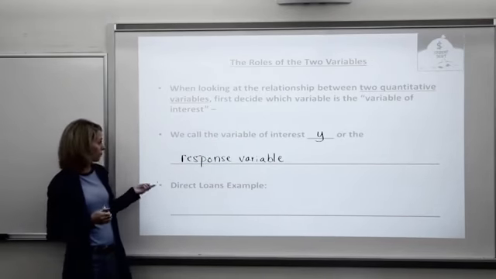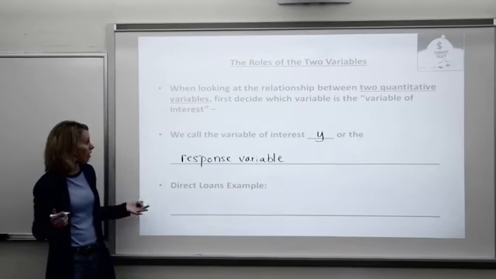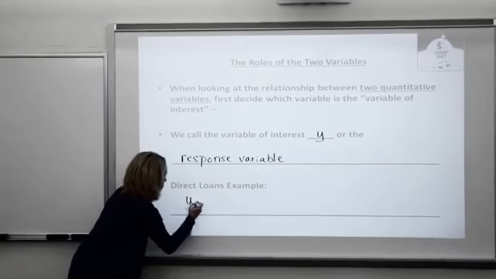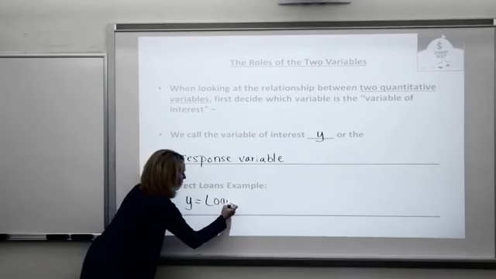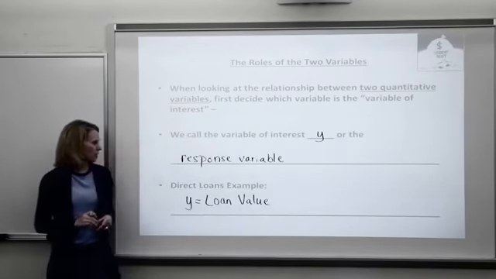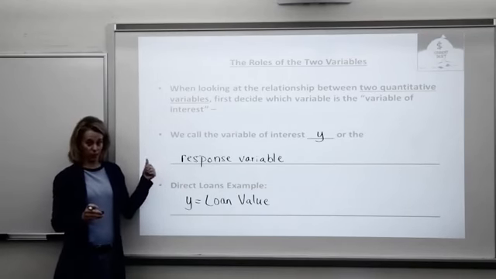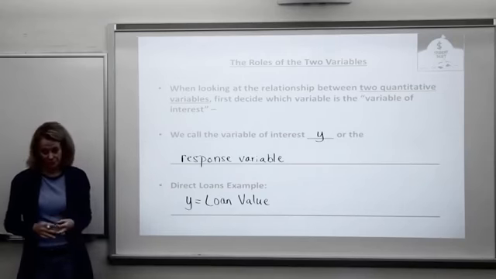In the direct loan example, the variable that's of interest to us is the loan value. So y for this one will be loan value. Back in algebra, you might remember that this variable was sometimes called the dependent variable.